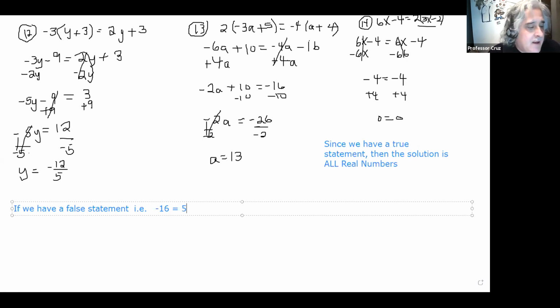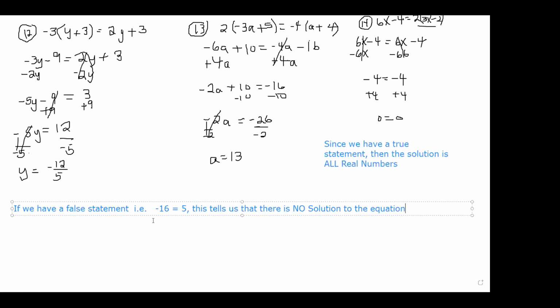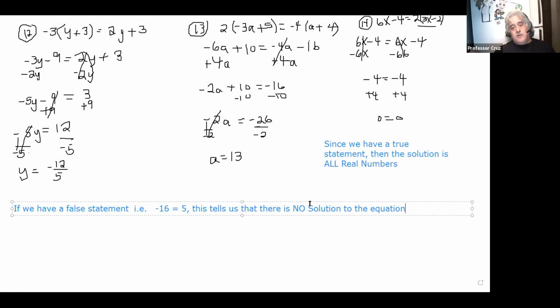So that's obviously not true. No solution. So if you come up with, instead of a true statement, a false statement, the false statement just tells us that there's no solution. And if you got a true statement, it means all real number solution. Okay, questions about that?